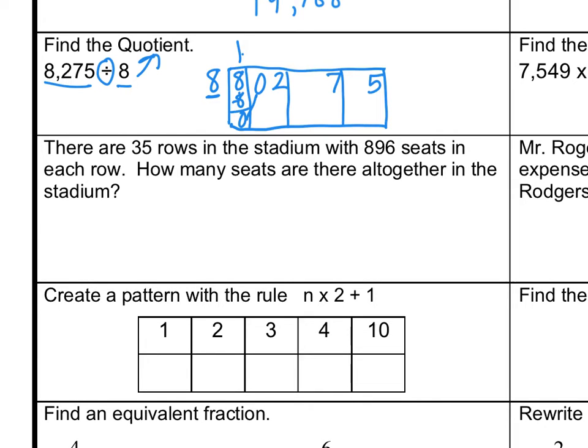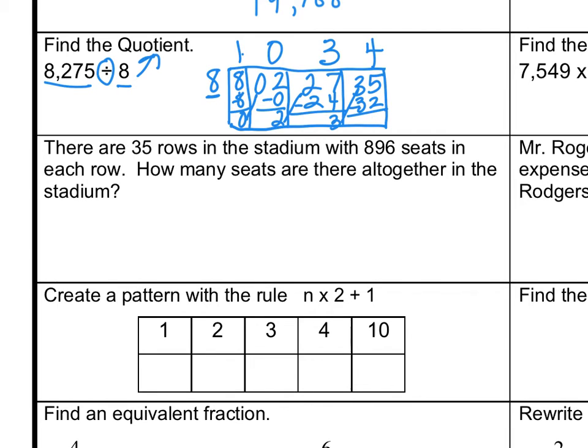How many groups of 8 can you get out of 2? You can't get a single group. 0 times 8 is 0. Subtract, you get 2. Let's bring the leftovers up. Now we're looking at 27. How many groups of 8 can we get out of 27? 3, because 3 times 8 is 24. That gives us a difference of 3. The leftovers pop right up. How many groups of 8 can we get out of 35? 4, because 4 times 8 is 32.